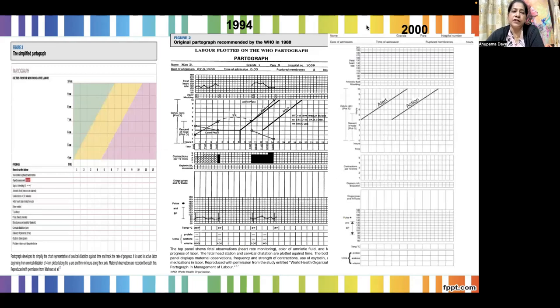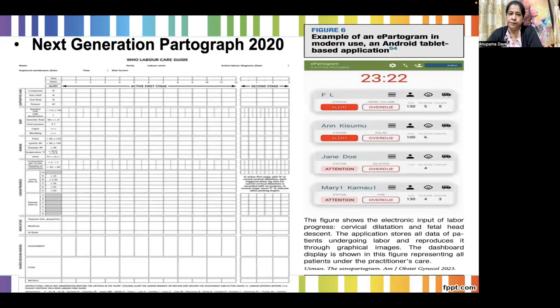As you can see, the first picture, this is a simplified partogram initially introduced. In 1994 came the Partograph by WHO, in which you can see the latent phase is still there. Then in 2000 came the modified partogram, in which the latent phase was abolished and it started with active stage of labor with 4 centimeters dilatation.